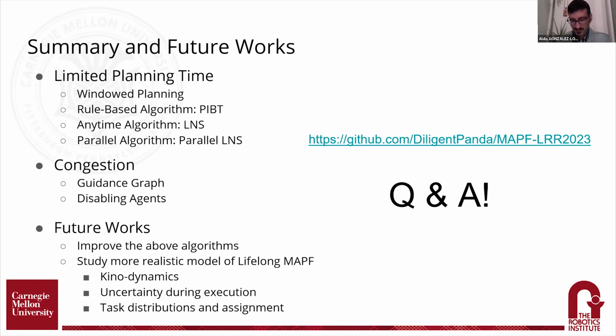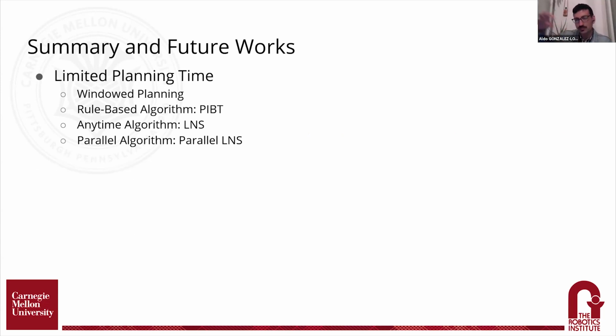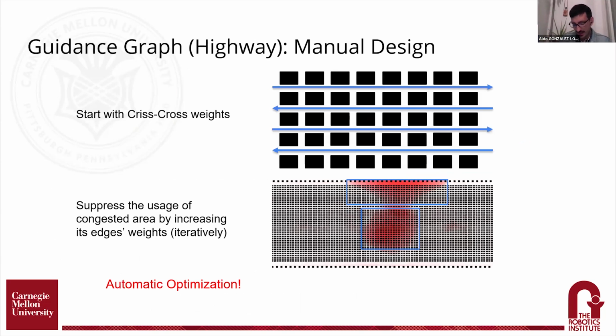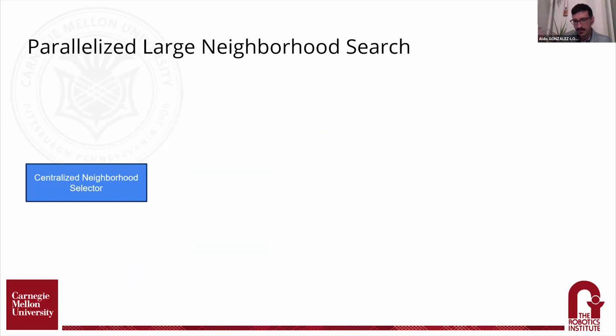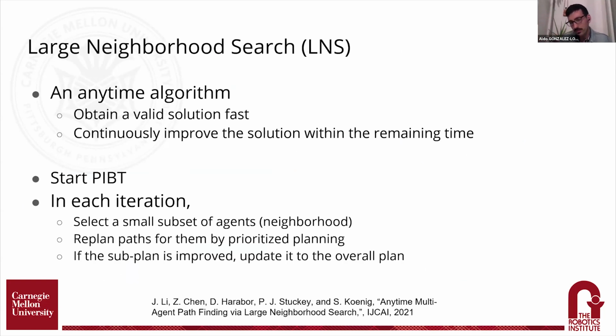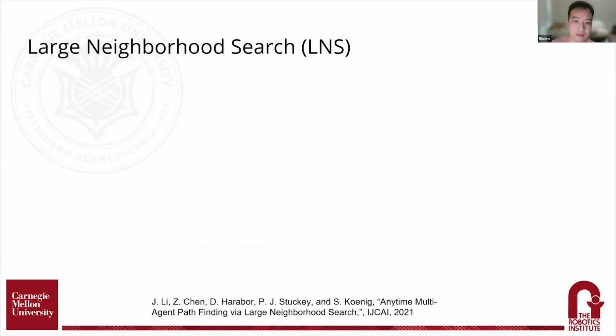Hello, thank you very much for your presentation. I loved it. I have a question about the anytime algorithm. I understood that you optimize solutions that you already have. How do you evaluate them? How do you assign a number to say this is better than another one?